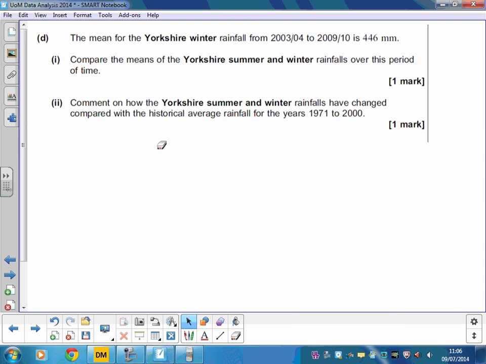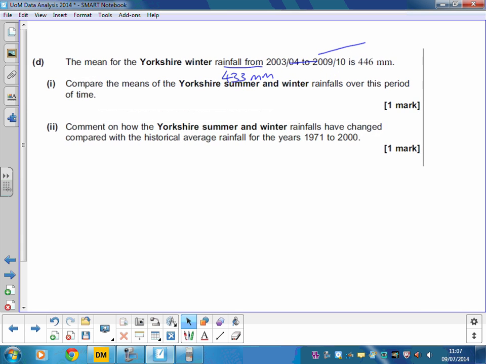We then move on to part D. Now, in part C, we worked out the Yorkshire summer mean, okay? And we worked out that was 433 millimetres. They are telling us that the winter is 446, and they want us to compare these numbers.